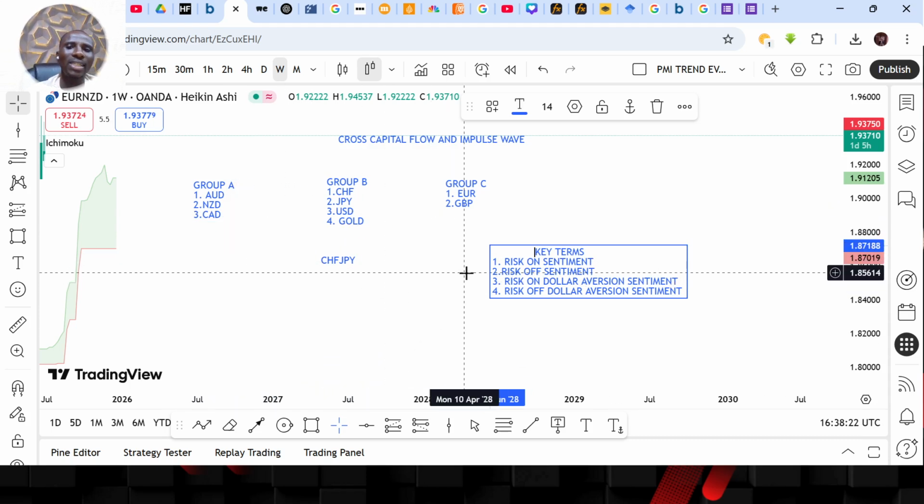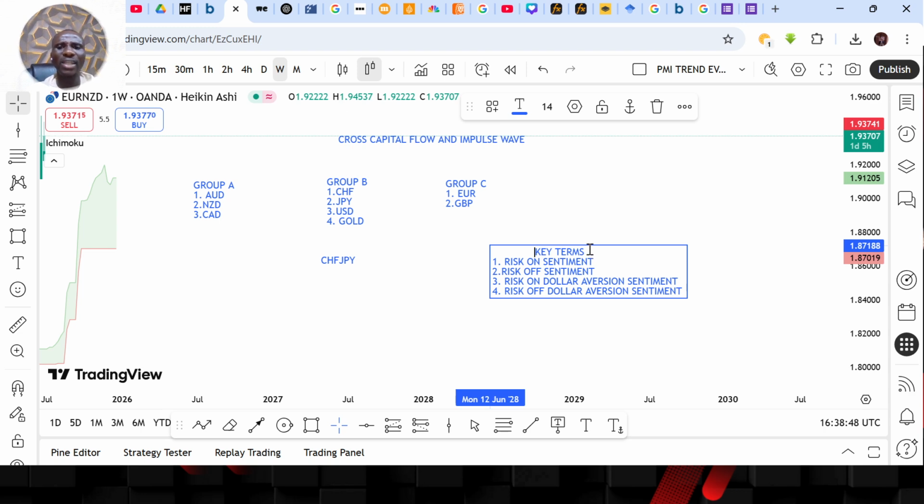Now, for instance, if there is a risk on, what that means is that investors globally are ready to put their money into investment. So they are ready to risk a level of their capital in the market. This is because there is relatively fair stability in the market.